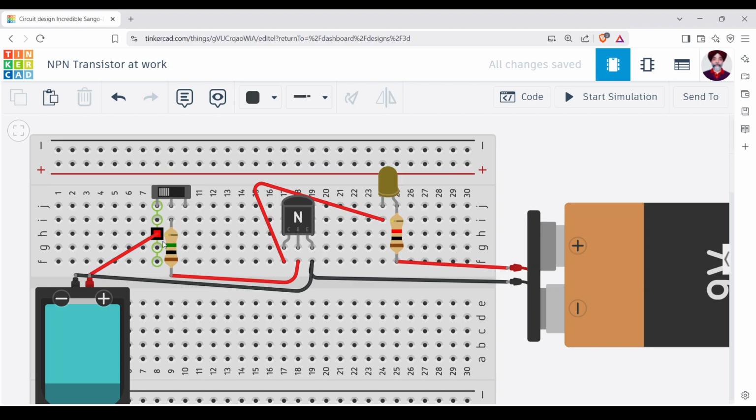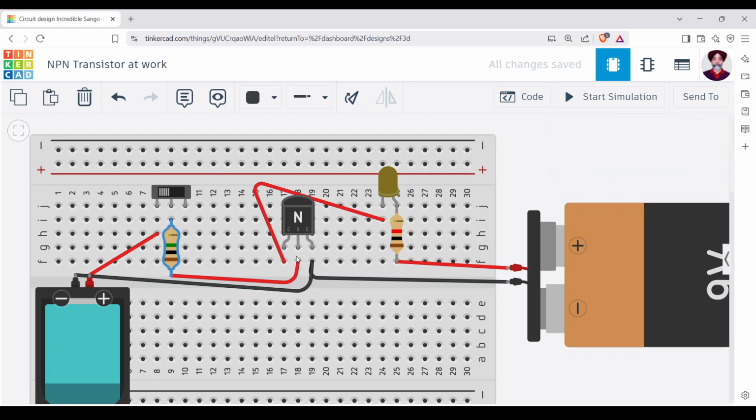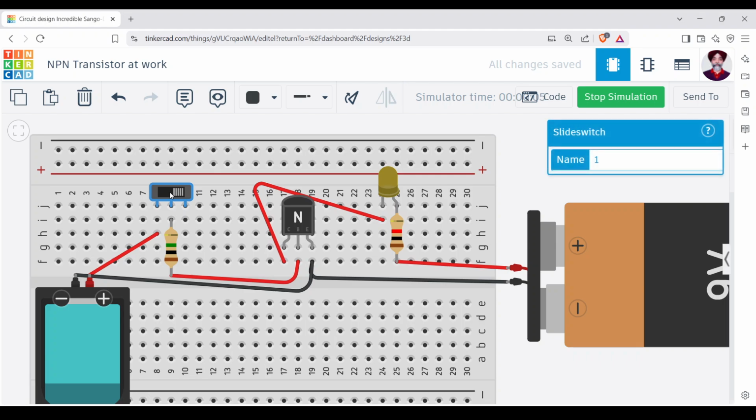Okay, I have changed the resistance over here to a 1 meg resistance and over here to a 1k resistance to limit the electricity flow to the base. Alright, and when I switch it on, it is perfectly on. So let me switch this off. When the switch is off, the electricity that passes through becomes zero.